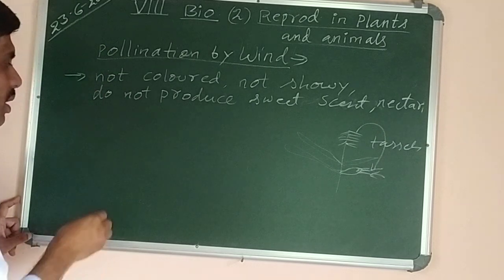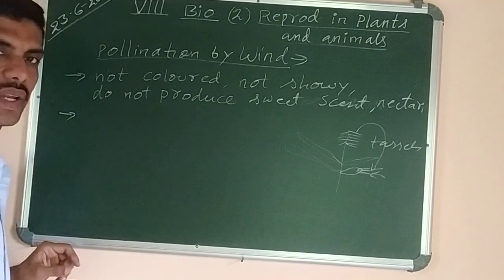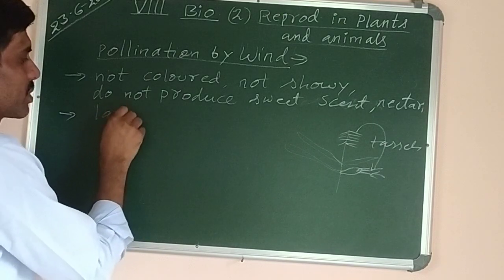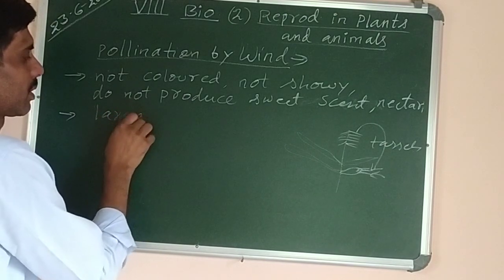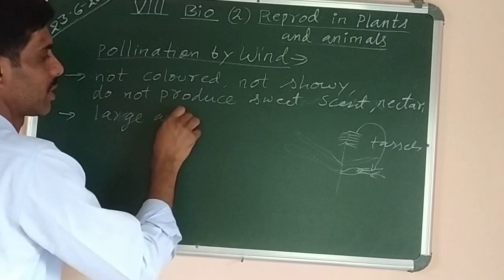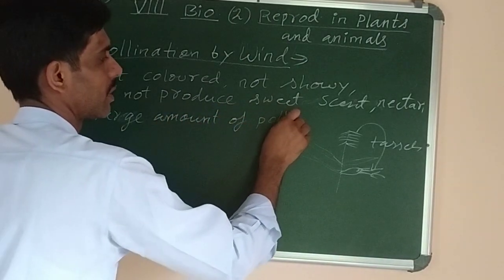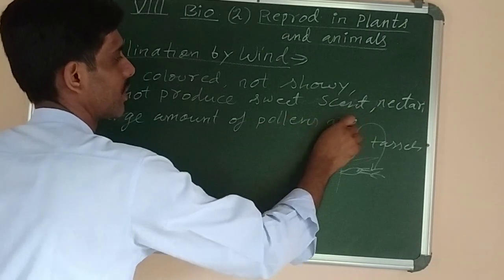And the pollens are produced in large quantity. One of the important characteristics, a large amount of pollens are produced. Why?